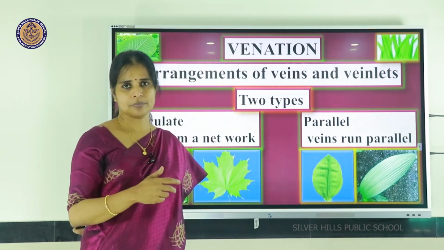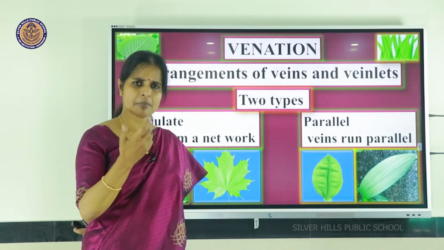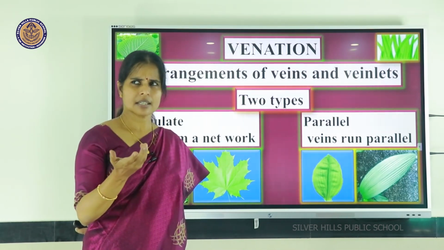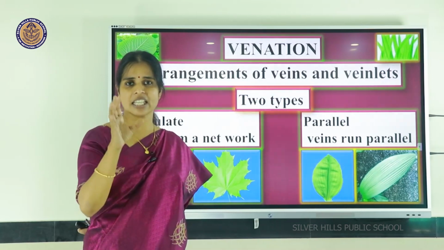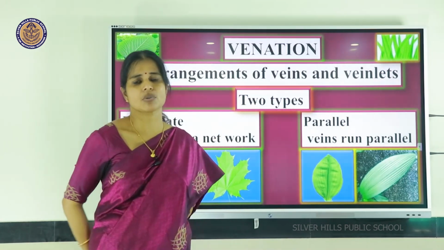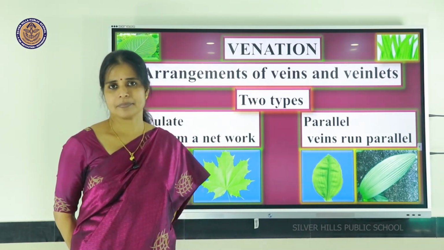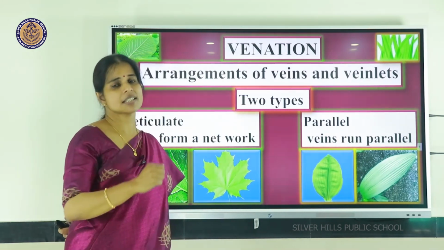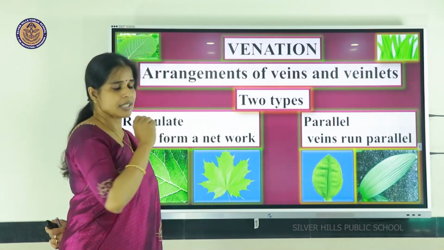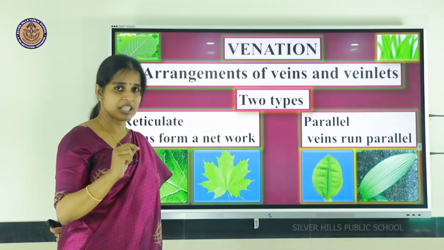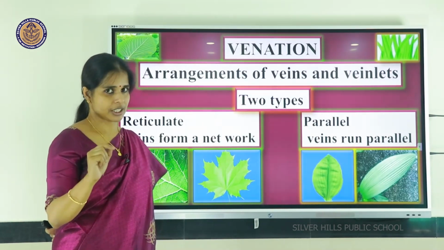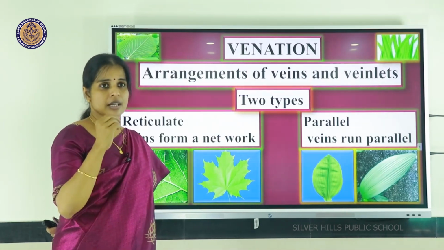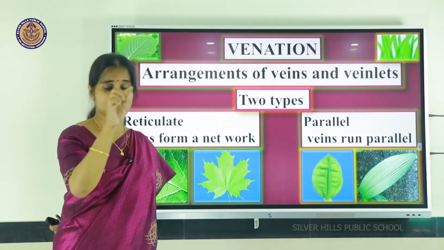For example, mango, jackfruit, rose, and hibiscus: if you observe the leaves of all these plants, they have reticulate venation. In the banyan tree, the leaf is huge and we can see the reticulate venation very clearly. At the same time, grass, coconut tree leaf, and banana all have parallel venation.